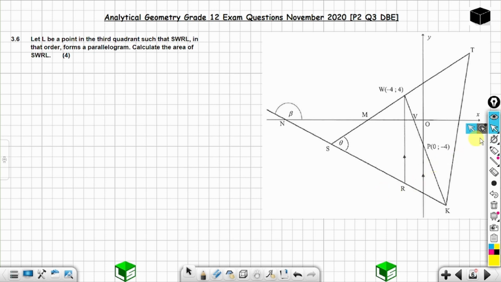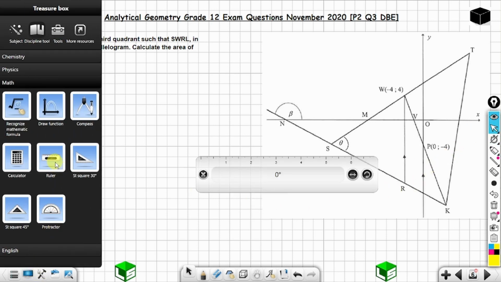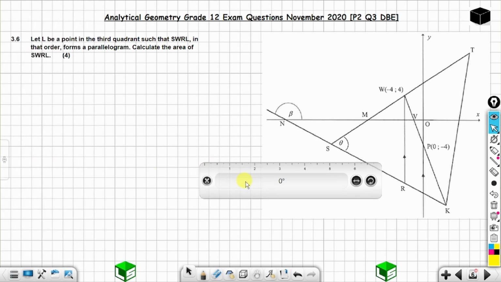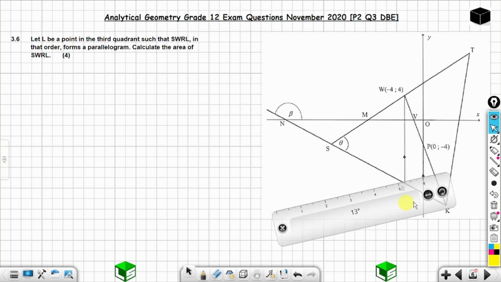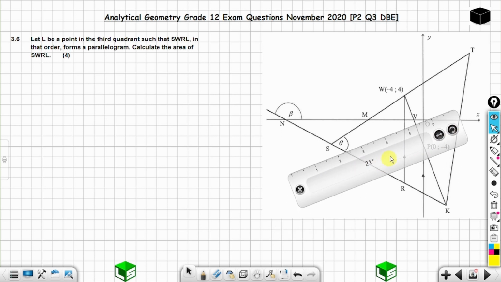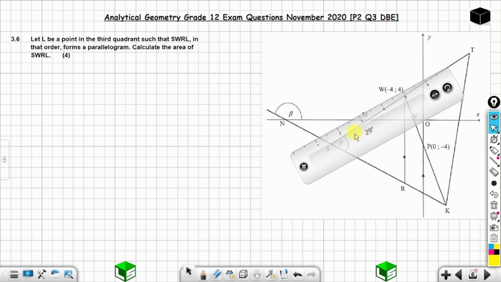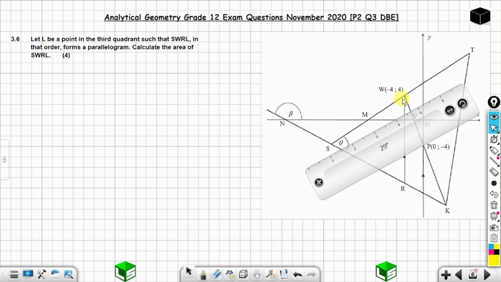Let me get a ruler. So we have to draw a parallel line to this side SW, okay. You are going to have SW, R and L, you join to get a parallelogram.